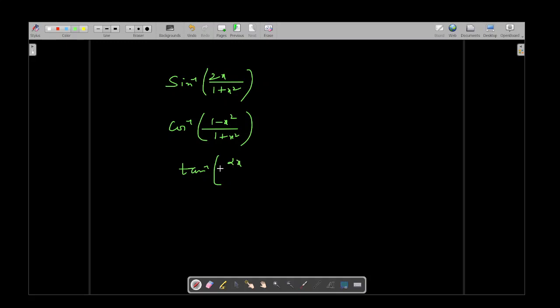So what I can conclude here is sine inverse of 2x divided by 1 plus x square, cos inverse of 1 minus x square divided by 1 plus x square, and tan inverse of 2x divided by 1 minus x square, all of this is equal to 2 times tan inverse of x. So this is the formula.